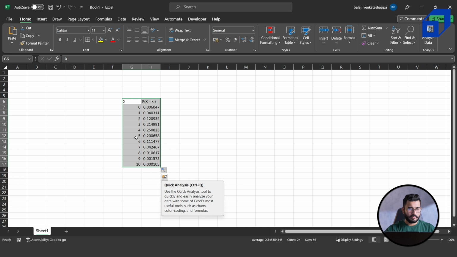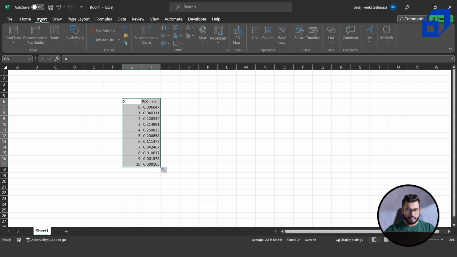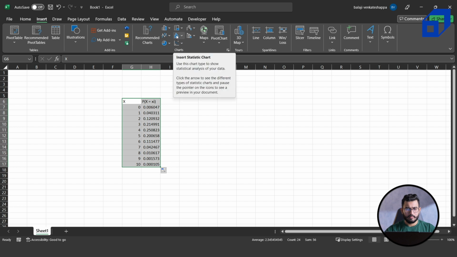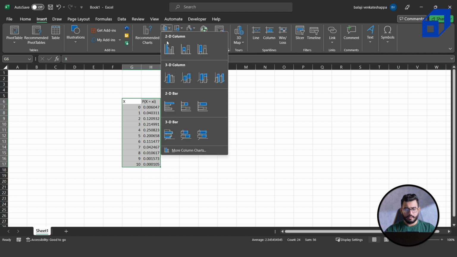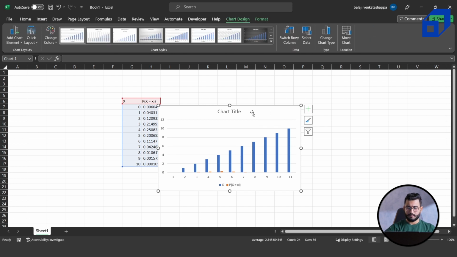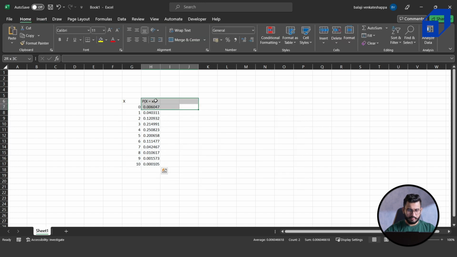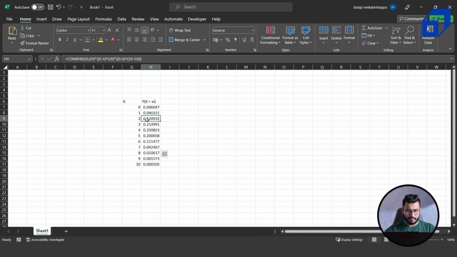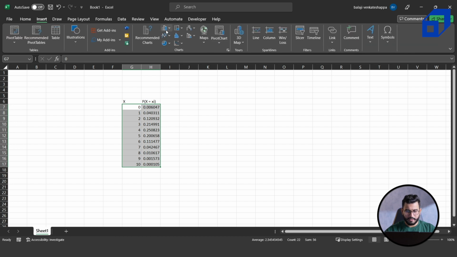So I'll go to Insert. I'll choose a chart, maybe a column chart. And here we have the probability, which is wrong. Actually, it is plotted very wrong. Let me try it one more time, otherwise we have to do it manually.